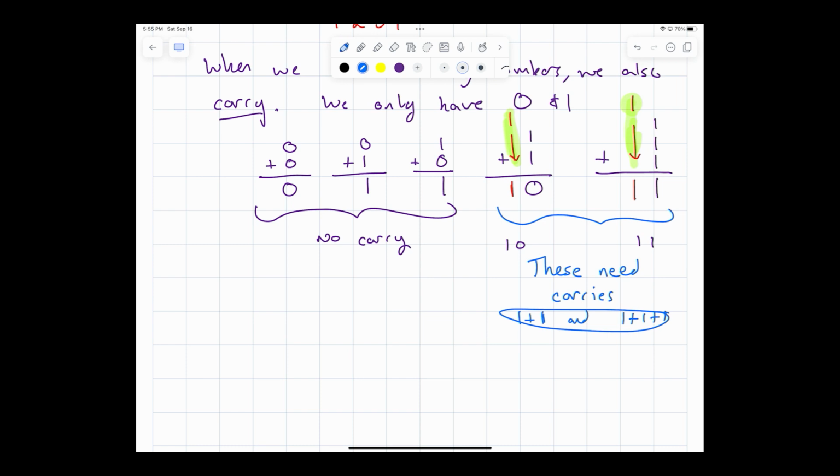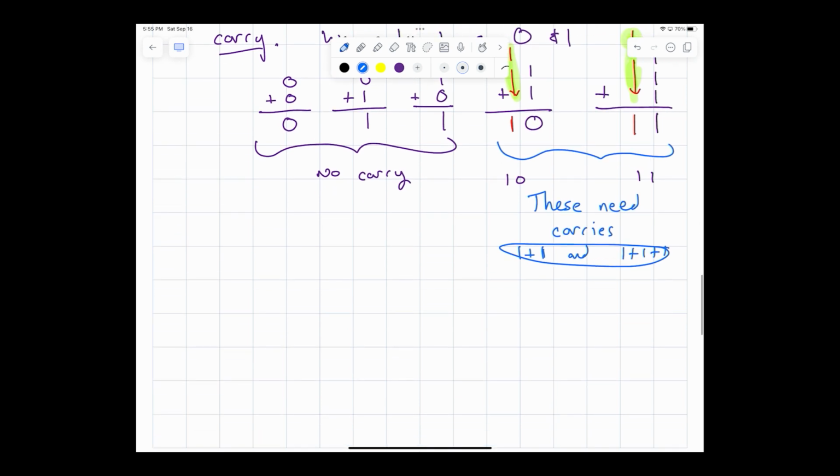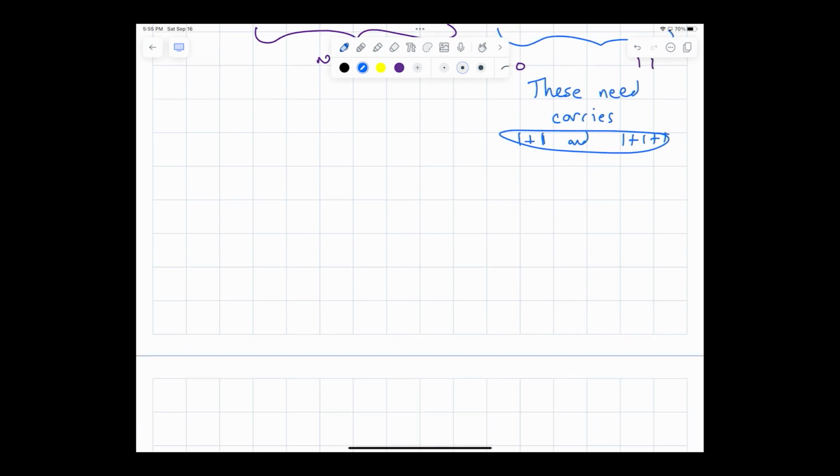Now, looking at it when you're just looking at one digit, it doesn't make a lot of sense. You really need to see examples that have more digits than that. So I'll do an example, and then we'll look at the zyBooks for more examples. So let's add some numbers.